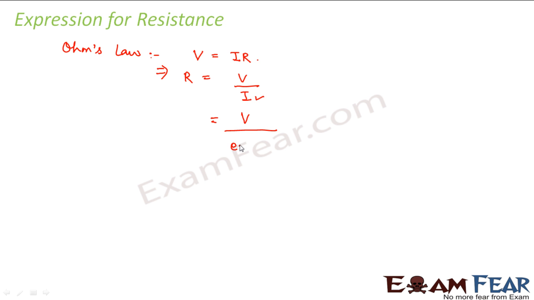Current is equal to ENA into VD, where VD is the drift velocity, A is the area of the conductor, N is the number density of electrons inside the conductor, and E is the charge on an electron. So we can write R this way. Now this can again be written as V divided by ENA VD.